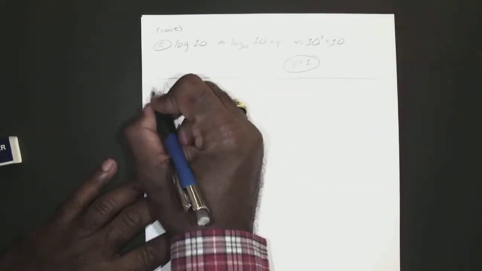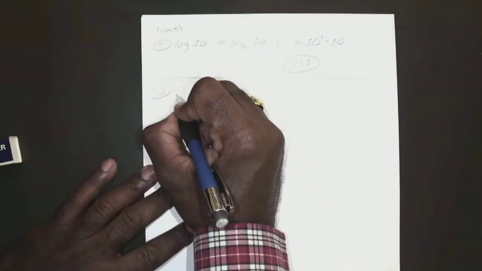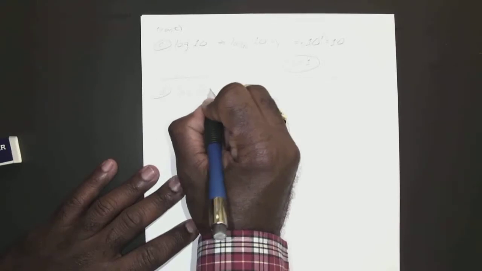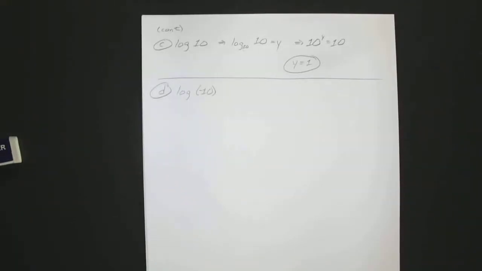Okay, so D, which is log of negative 10, I'll let you do that one.